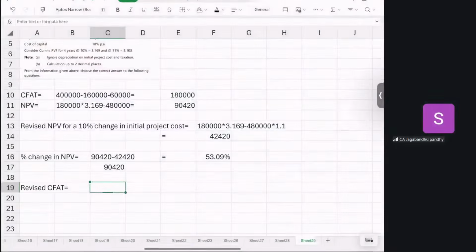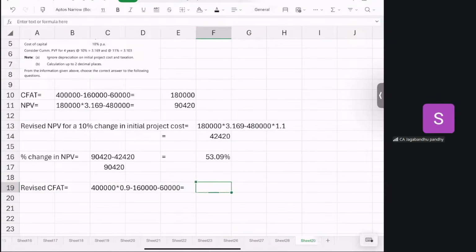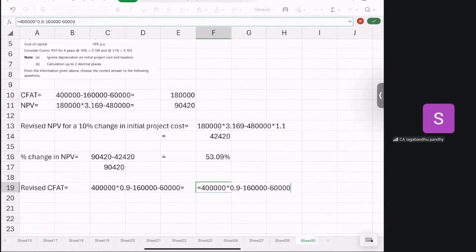So this is going to be 4 lakh into 0.9. So 4 lakh reduced by 10%. The rest all 1,60,000 and 60,000. We have 4 lakhs into 0.9 minus 1,60,000 minus 60,000.